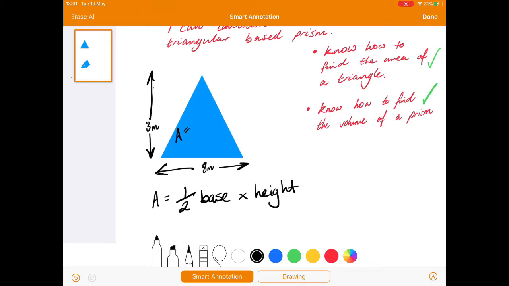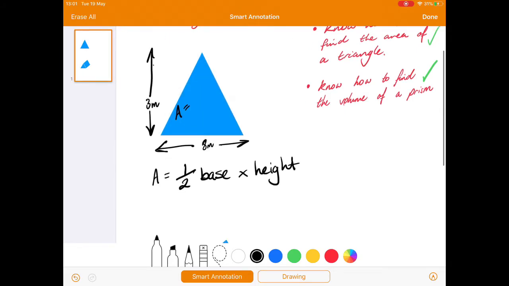So what you need to know is the size of the base of the triangle. If we look at this triangle here, we can see that the base of the triangle is 8 meters wide. So that's our base.